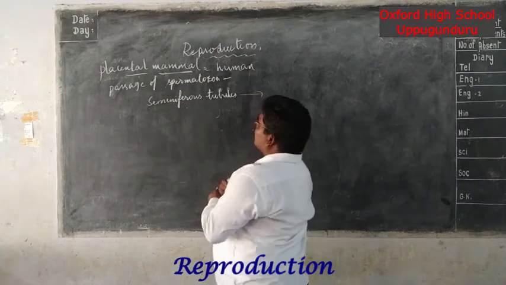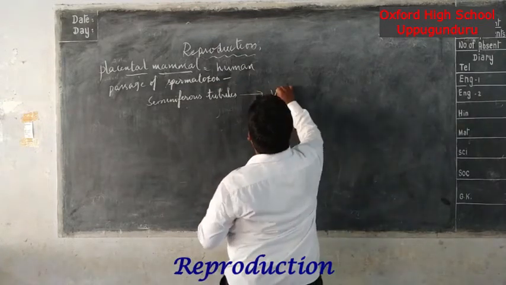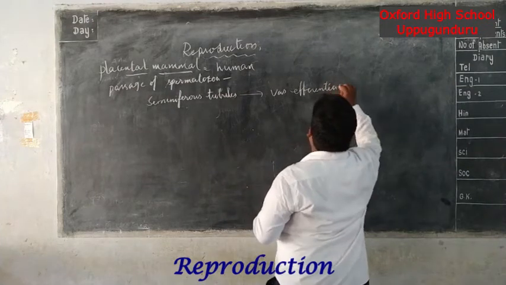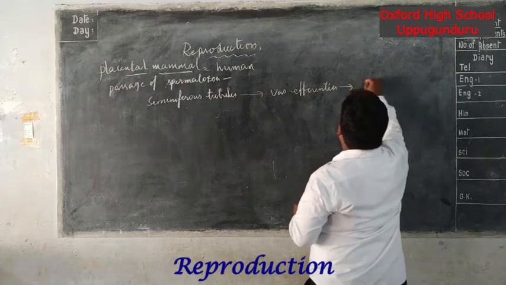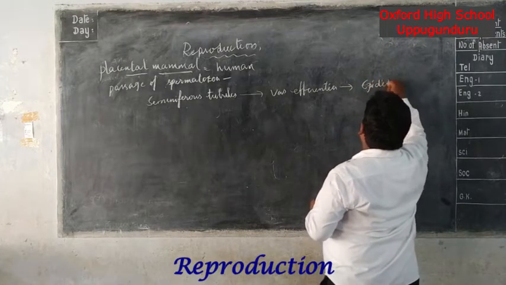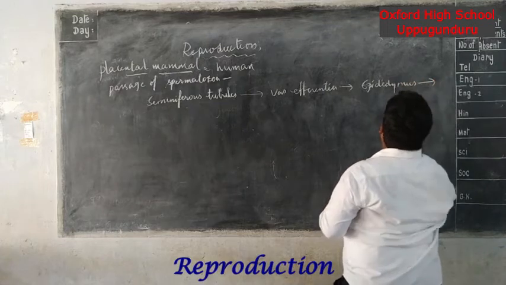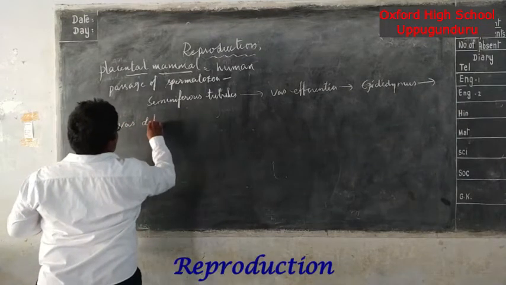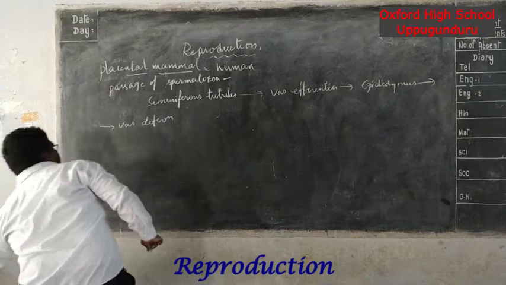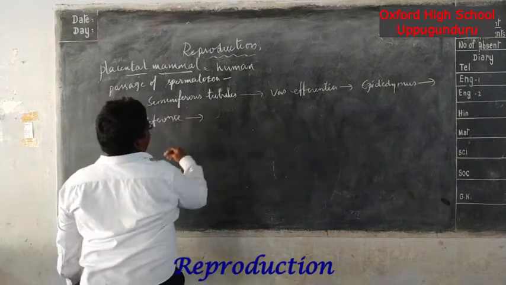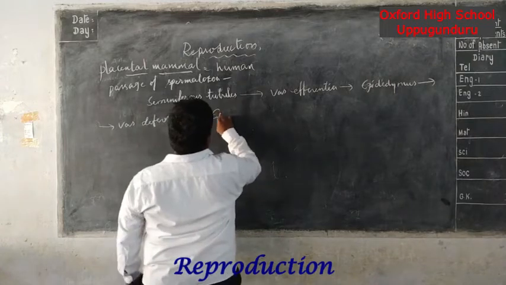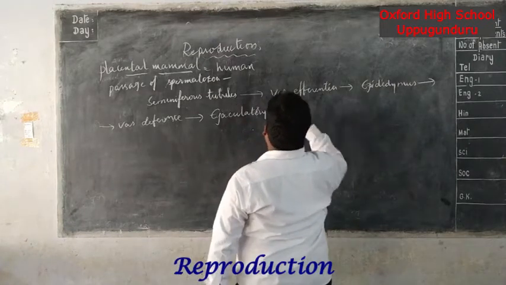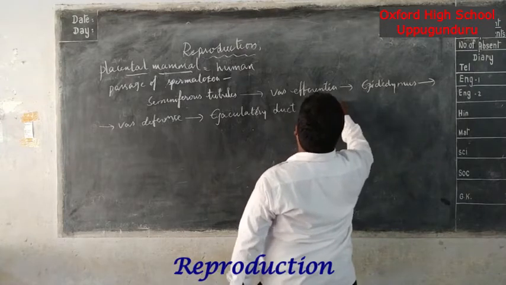From here to the vasa efferentia, epididymis, vas deferens, ejaculatory duct, and urethra.